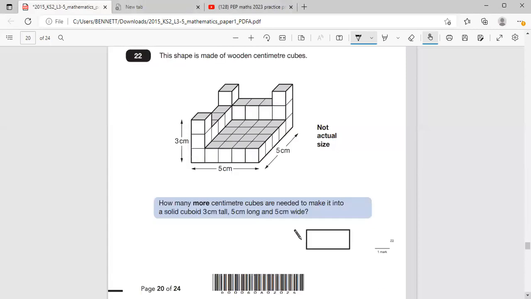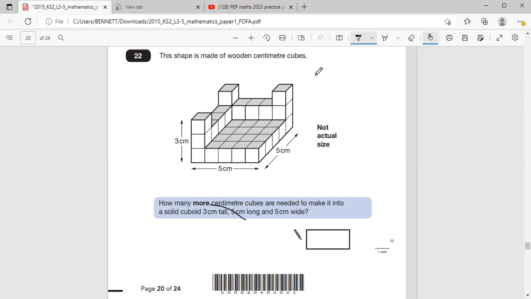Alright, so number 22 says this shape is made of 40 centimeter cubes, and they give you the dimensions. How many more centimeter cubes are needed to make it into a solid cuboid 3 centimeters tall, 5 centimeters long and 5 centimeters wide? Basically, if you were to complete it, how many would you need?